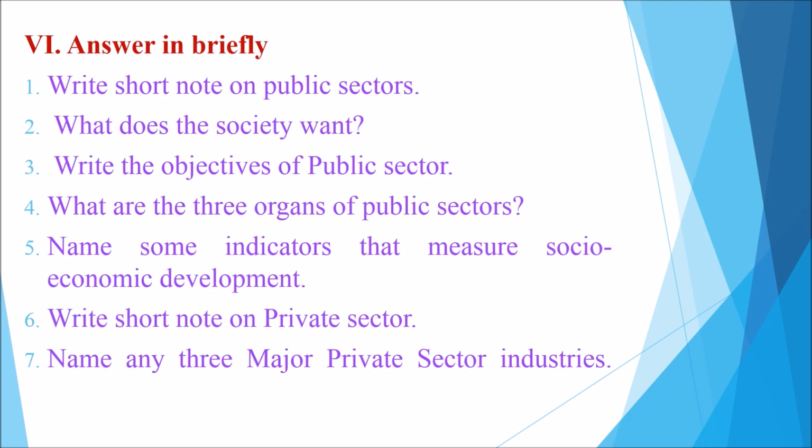Roman letter 6. Answer in briefly. Question number 1. Write short note on public sectors. Question number 2. What does the society want? Question number 3. Write the objectives of public sector. Question number 4. What are the 3 organs of public sectors?